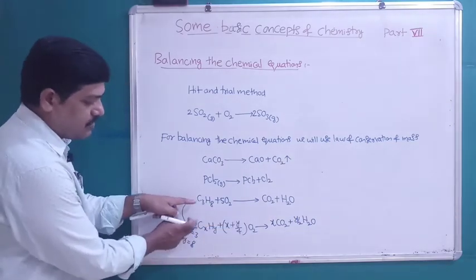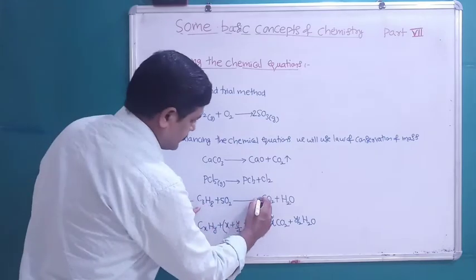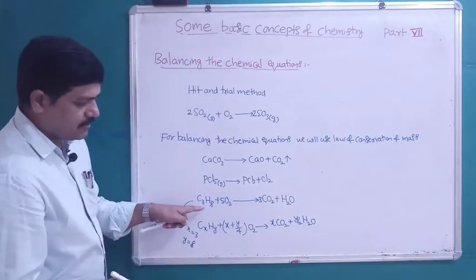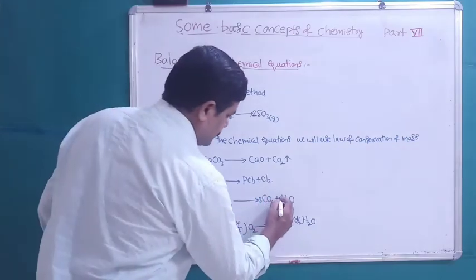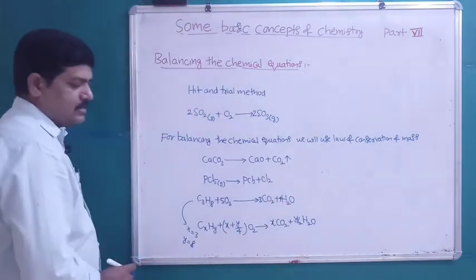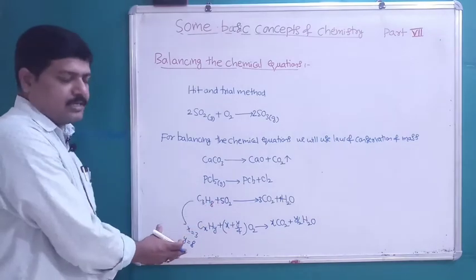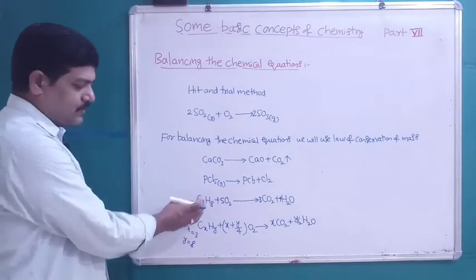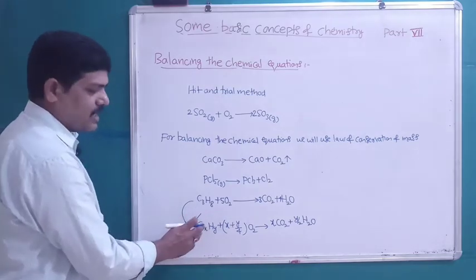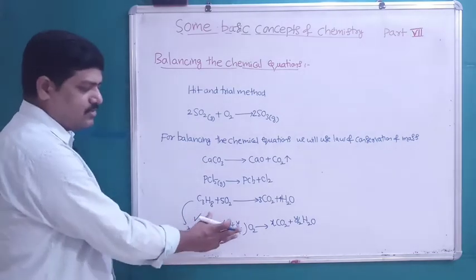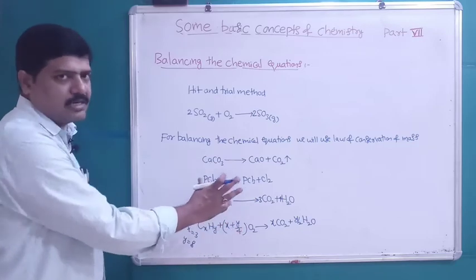Here what is the x value in propane? 3, right? For water, the coefficient is y by 2. So 8 by 2 is 4. So 4H2O. This is the balanced equation for the combustion of propane. This is the general form of the combustion equation of any hydrocarbon, right, which gives CO2 gas and water.